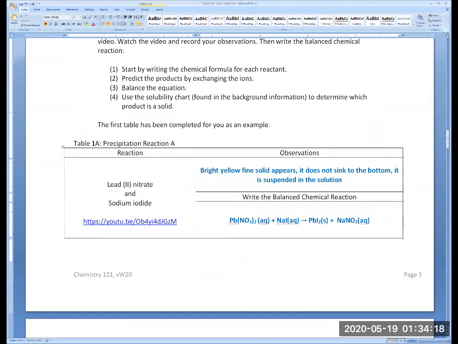And so the last thing we need to do, and we already used the solubility chart, you can do it in a different order, it's fine. But we should not forget to balance the equation, right? Balancing is part of writing the equation.